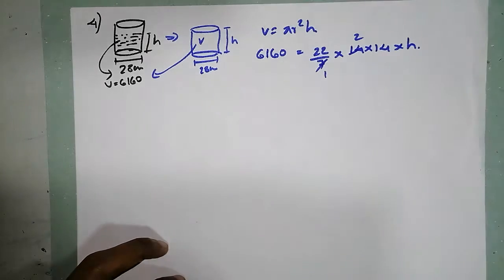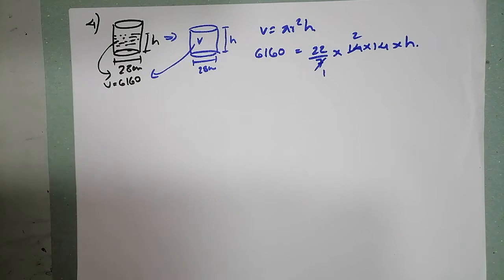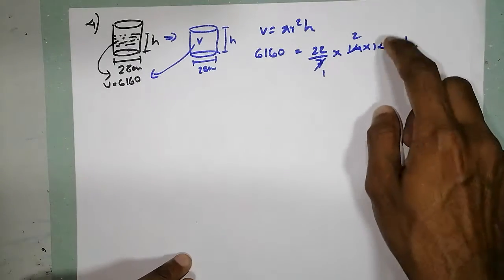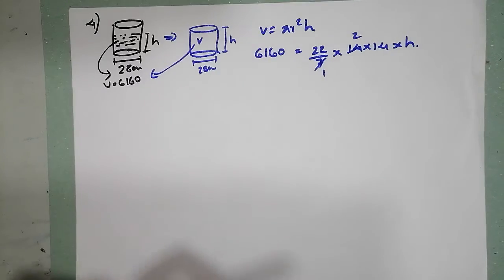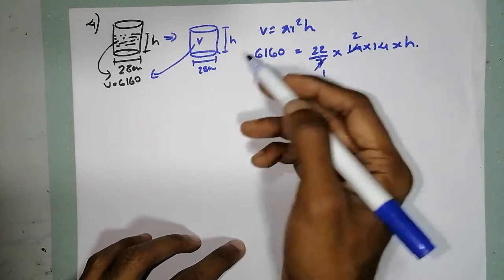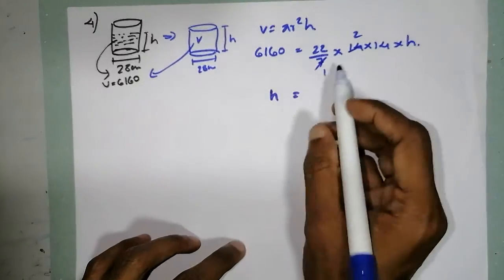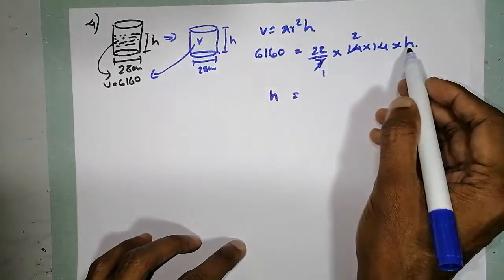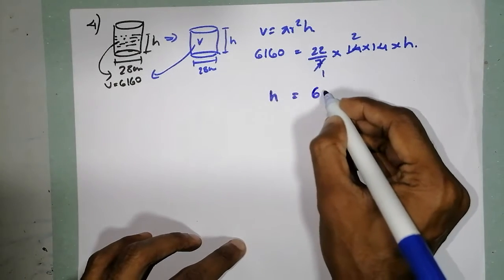You studied in grade 9 how to subject the term. Here we need to find the h, so subject it individually. Okay, right. Let's take 22 and 14 to the other side of the equation and keep h on that side. 22 is multiplying with the h, so if you change it, it will divide.